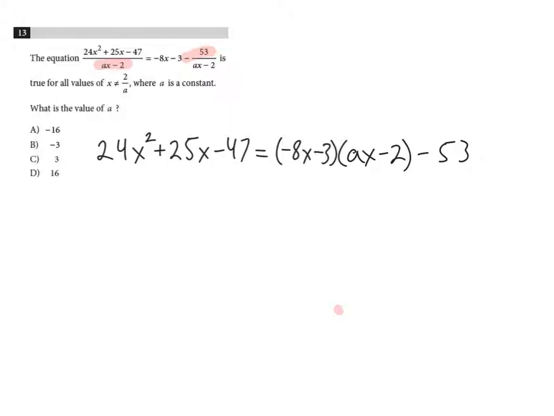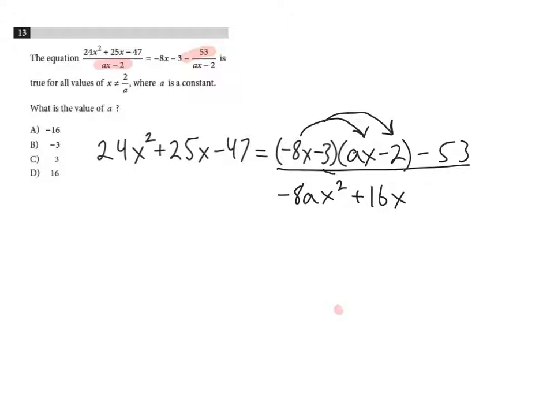So equating the coefficients just means that we're going to expand this side, and then we're going to see what's the coefficient on the x squared term, what's the coefficient on the x term, and what is the constant. So to start this out, I'm going to have negative 8a x squared, those two multiplied, and then I'll have positive 16x.